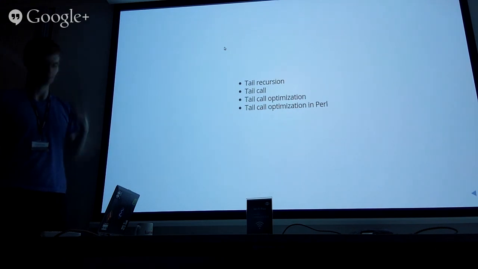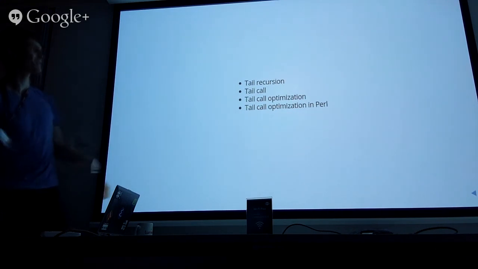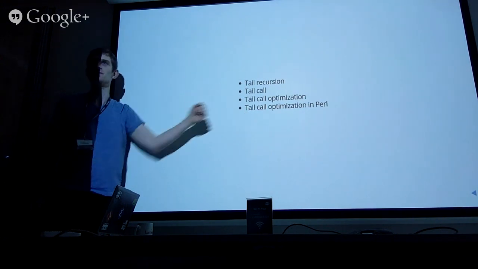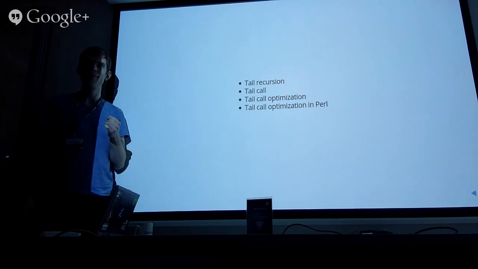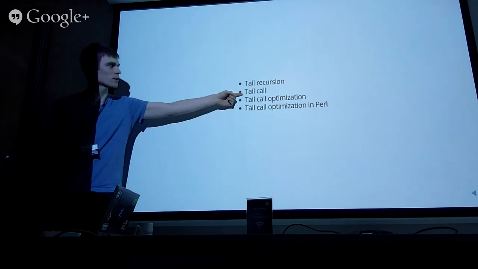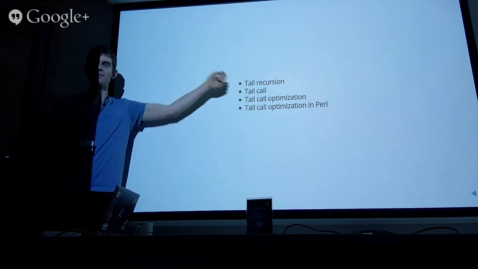And once again, please, who can tell what is tail recursion and how it's different from that? What's the most limited case? You call yourself. Yeah, so a tail call is basically when you call another function.